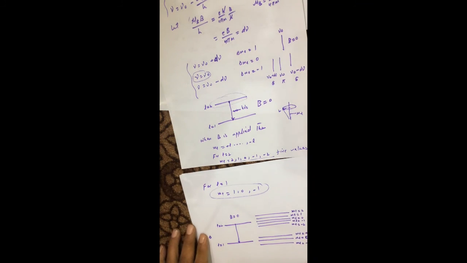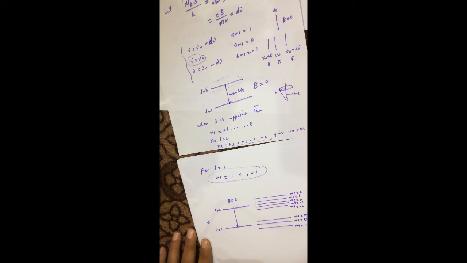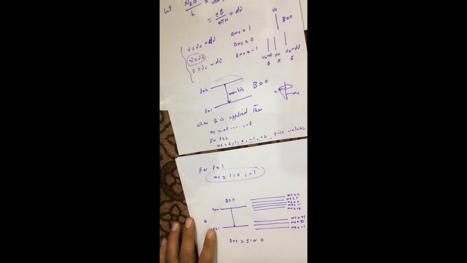Now the selection rule for change in ml is delta ml equal to plus or minus 1 or 0. So if we apply this selection rule, the transitions are given here. We have a transition from here to here, because here the value is 2, here the value is 1, so delta ml is 1.